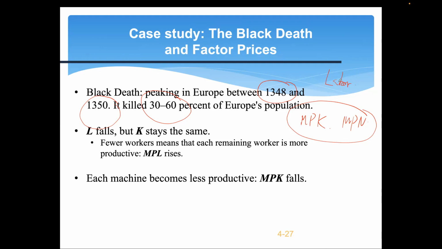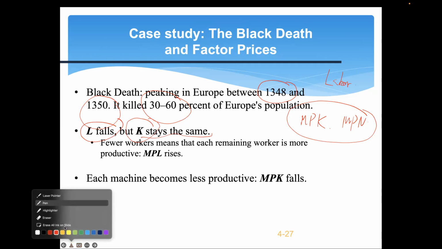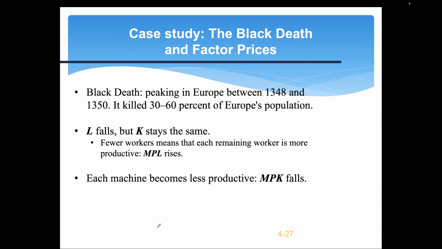Now let me explain to you how we're going to test our theory. In this particular historical moment, L fell sharply. It happened so quickly that it's safe to say the capital stayed the same. Why? Just imagine there are many farms or many shops, right? They produce different things.